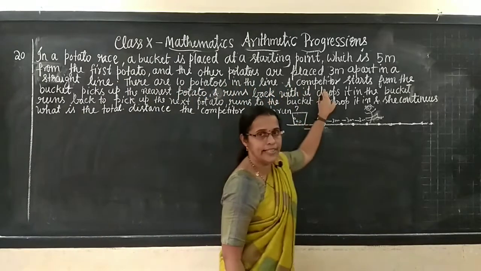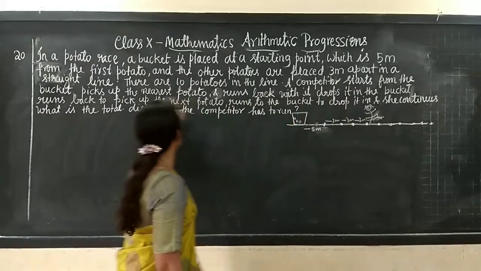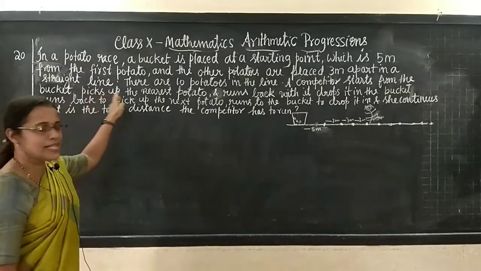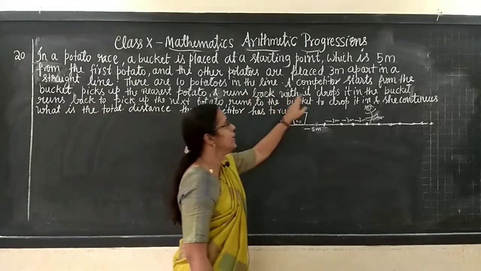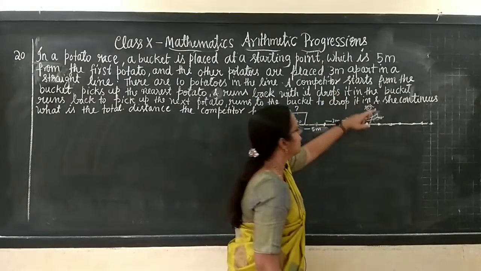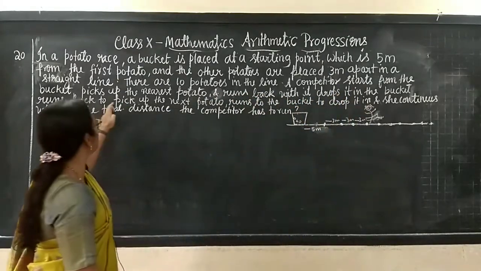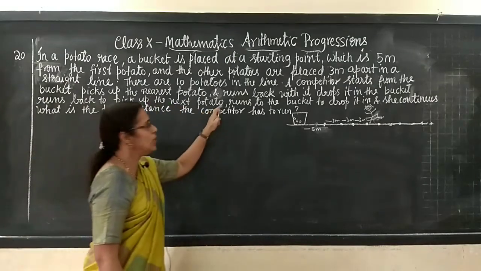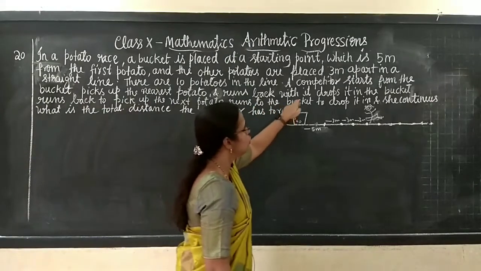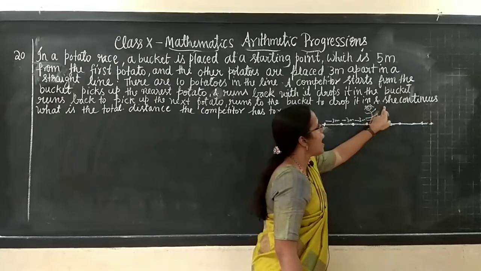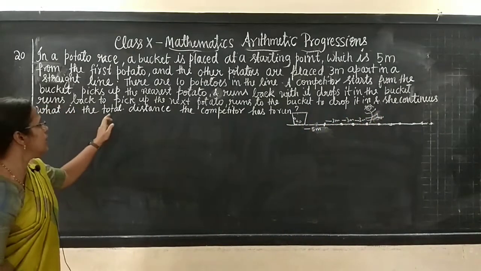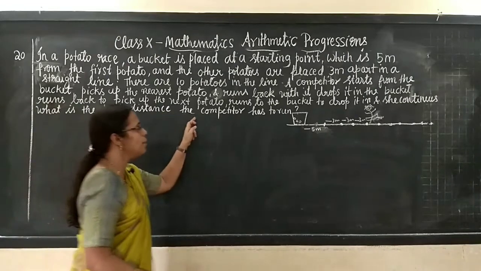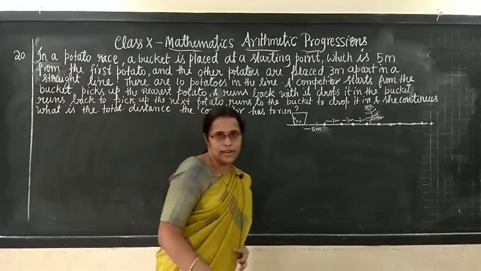A competitor starts from the bucket, picks up the nearest potato and runs back with it, drops it in the bucket, runs back to pick the next one, drops it in the bucket, and she continues like this. Now, what is the total distance the competitor has to run?